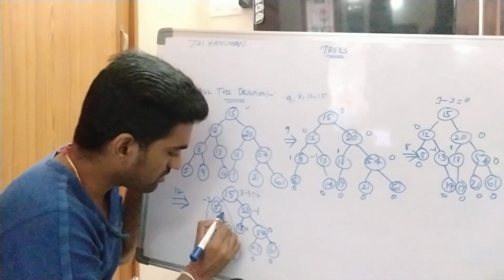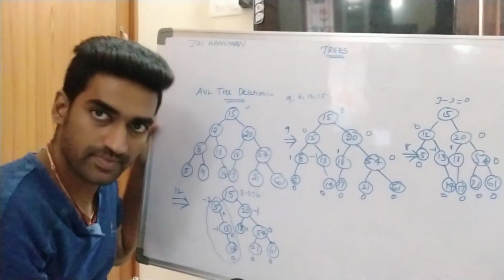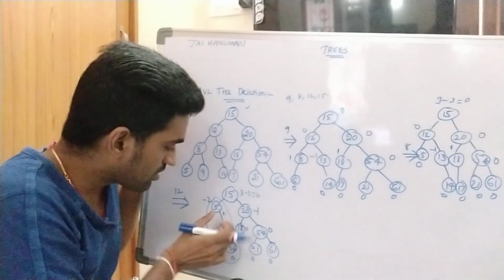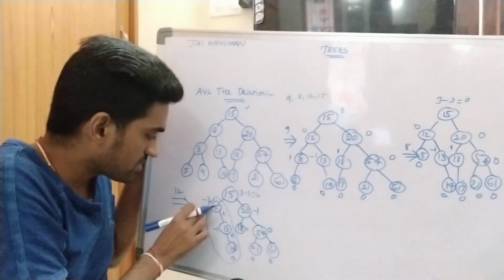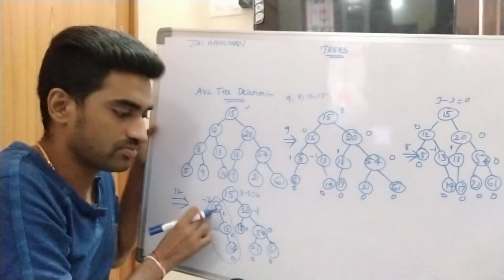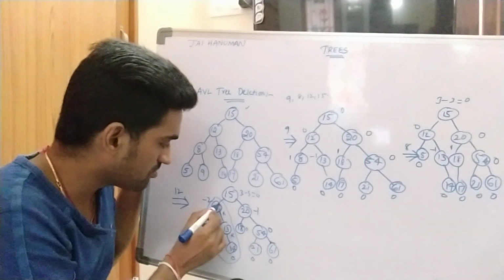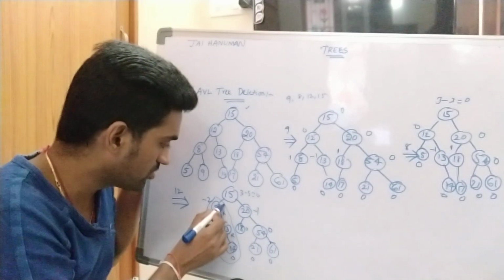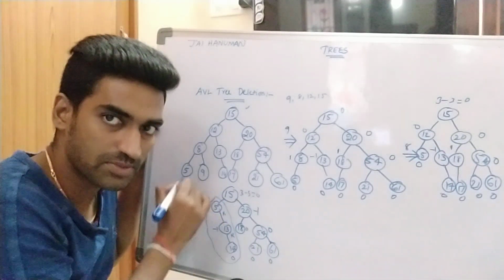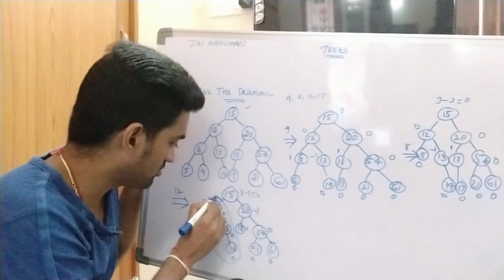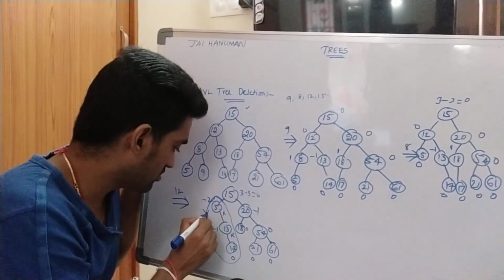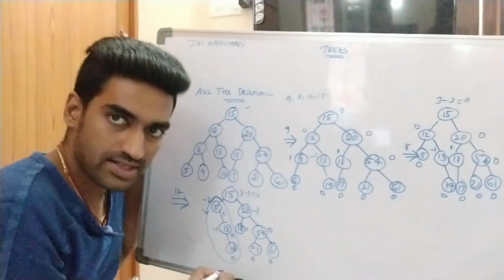So that is nothing but RR rotation. So by using RR rotation we can adjust the balancing factor of this critical node. So in RR rotation, simply a node moves towards the left direction.